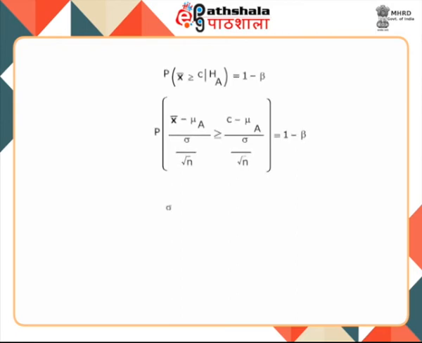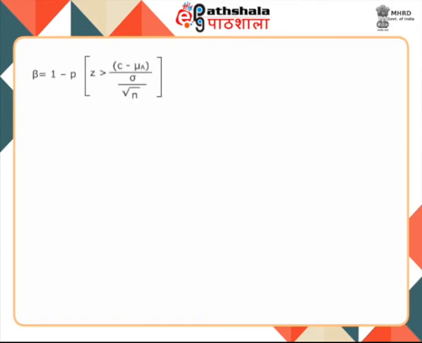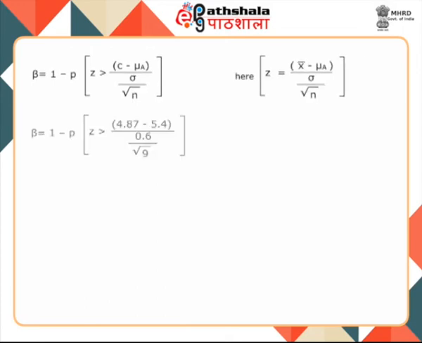where sigma represents standard deviation, small n is sample size, and x bar is mean. In the formula, take beta to the left-hand side and the other values to the right-hand side. Substitute the values in the above equation. Now we see the probability at Z greater than minus 2.65 in the Z table. It is equal to 0.9960.